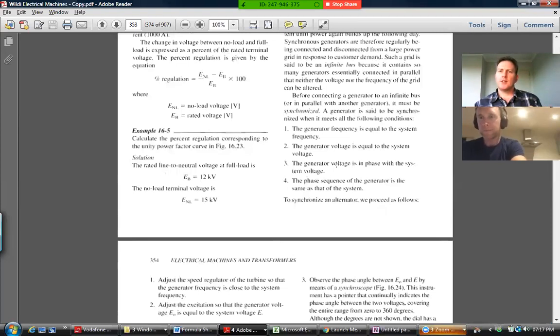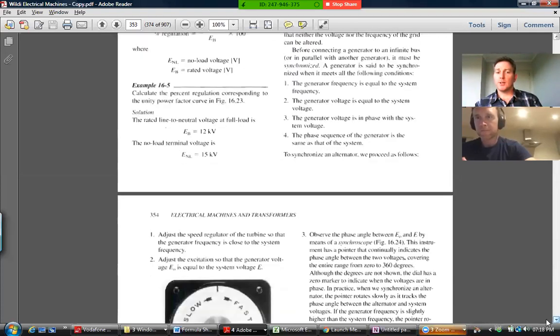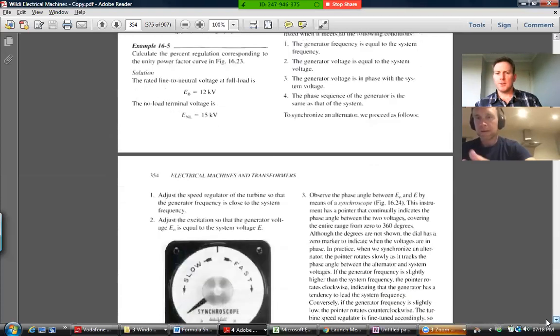You've got to have excited it so that the voltage that it's producing is just the same as the system that you're about to link it onto. There needs to be the right phase sequence. And basically, when everything is just right, if you have the right measuring tools, you can see when it's all just right, and we'll look at that when we're on campus.